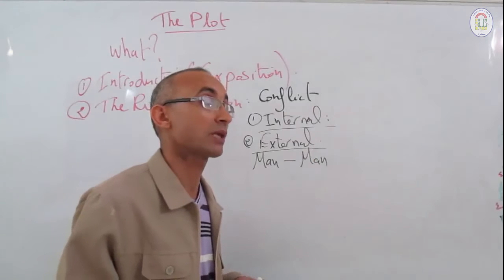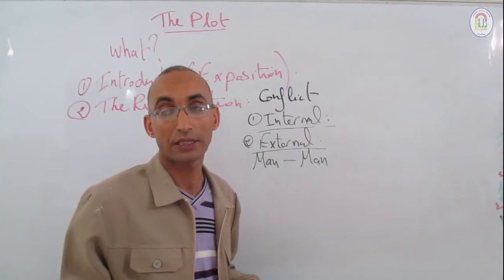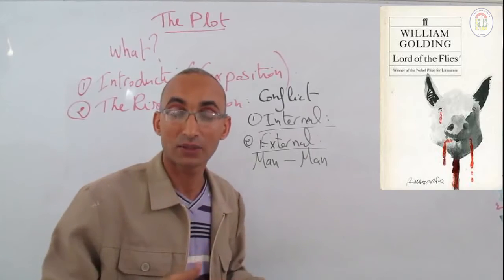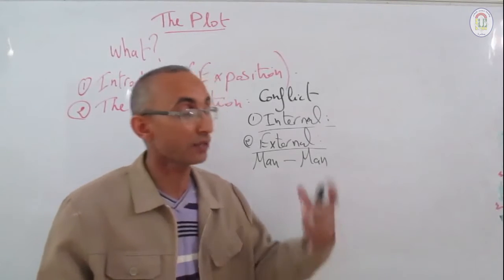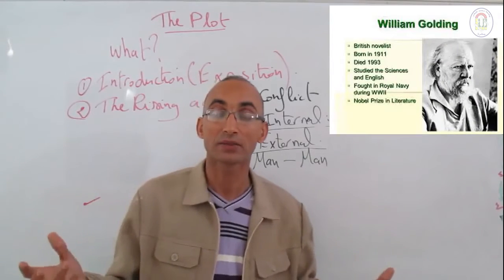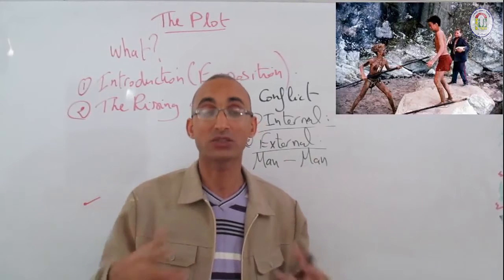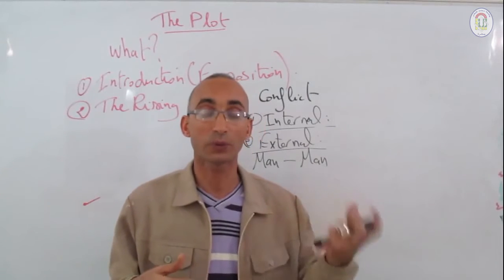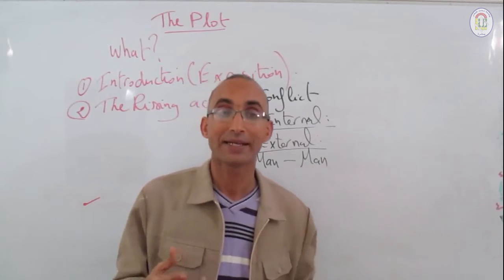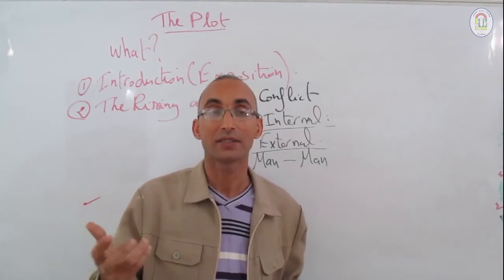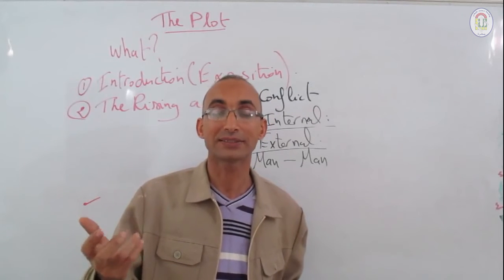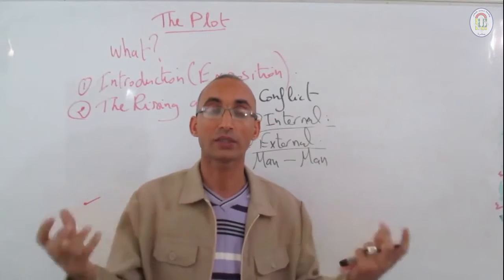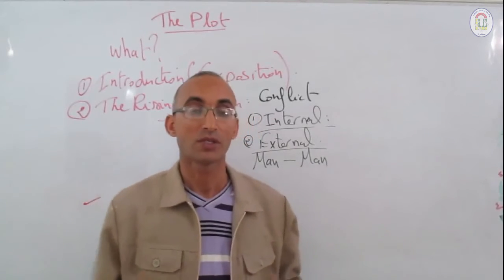For example, here you might remember Lord of the Flies by William Golding, when Ralph and Jack were in struggle against each other, when Ralph represents goodness and Jack represents evil and savagery. Here we have two characters against each other.